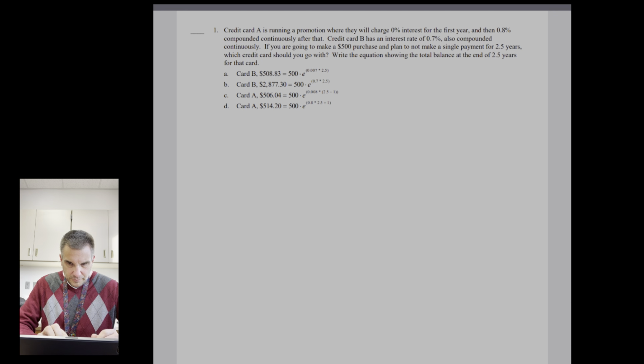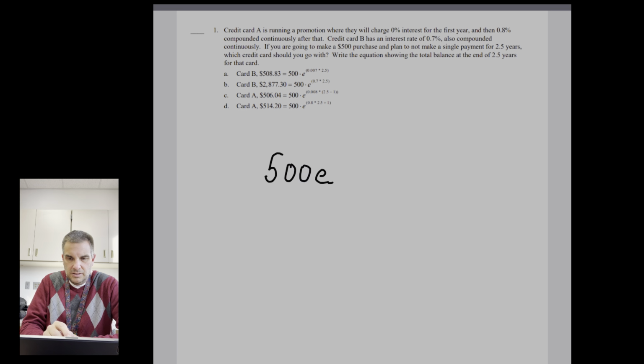Okay. So you got 0% interest charged on that first one. So let's look at that first one. 0% interest for the first year, and then 8% after that. So essentially we've got this $500 card, and we're going with e because it's compounded continuously, but we're only going to be charged 0.08, so that's 0.08.